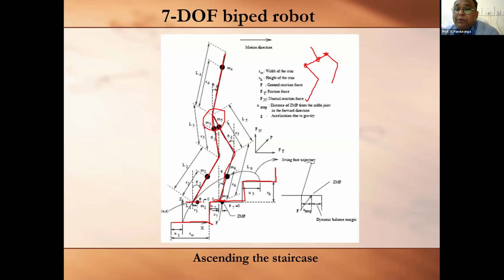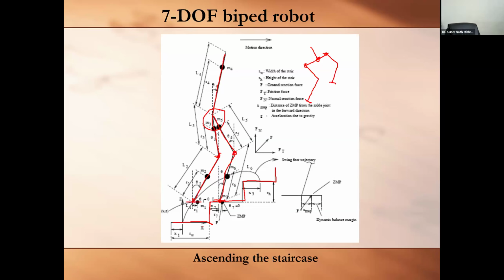As it is a side view, all three joints are at a single location, and for the rest, there is 1 degree of freedom at the knee joint, and another degree of freedom at the other knee joint. Here one ankle and another ankle. So two at the two different ankles, 2 at the knees and 3 at the hip. So in total it is 7 degrees of freedom. So this robot can move on the staircase.